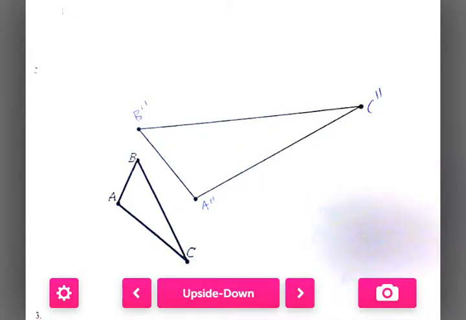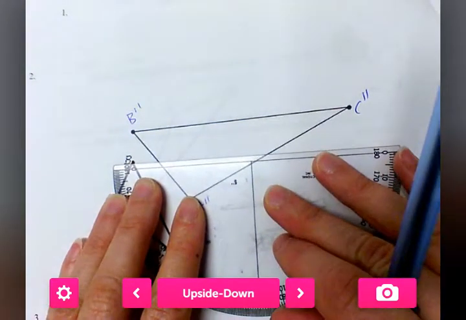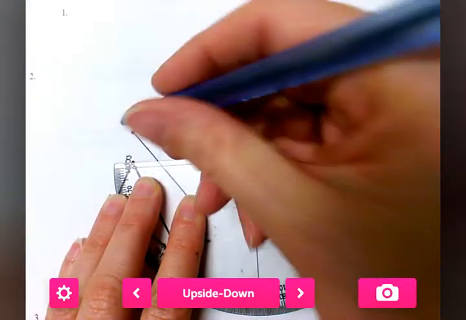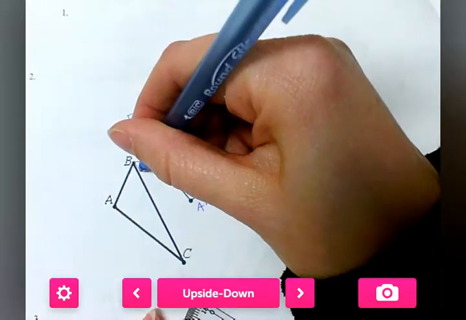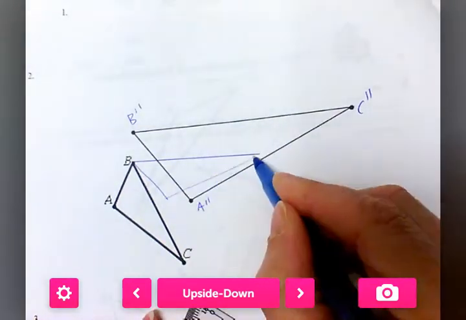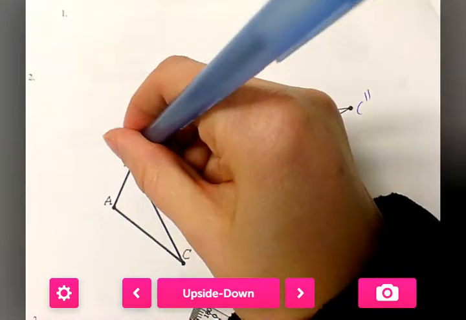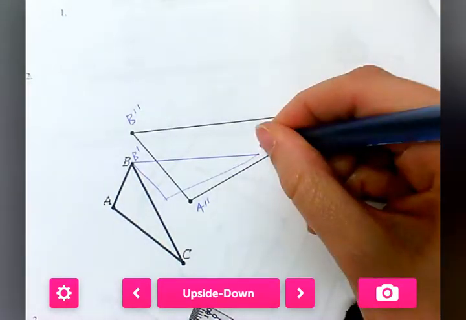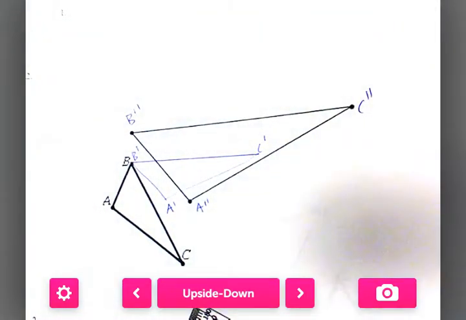Okay, so what do we think? You want to do a rotation first? I'm going to rotate right on B so that it moves right to here. I think that's going to make it easier to do my dilation. So I drew this line right here because this is my new B prime, C prime, A prime. Good?